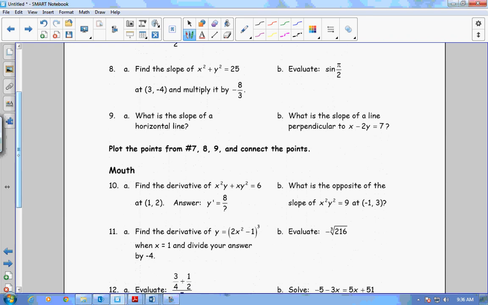So number 9. What is the slope of a horizontal line? 0. m equals 0. What is the slope of the perpendicular line to that equation? You'd probably want to get into mx plus b form to be able to see the slope. And perpendicular, remember, is opposite reciprocal.